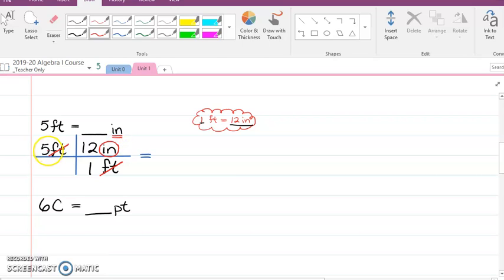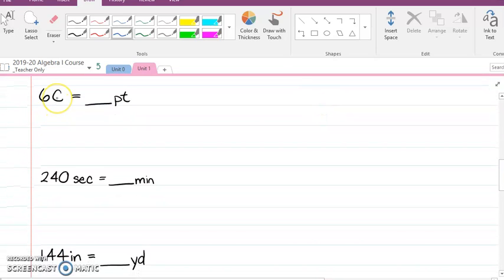So all I need to do is multiply across the top. 5 times 12 gives me 60. 1 on the bottom. And my units are inches. So for my final answer, I'm going to put 60 inches. I don't need to put 60 over 1 because it means the same thing.